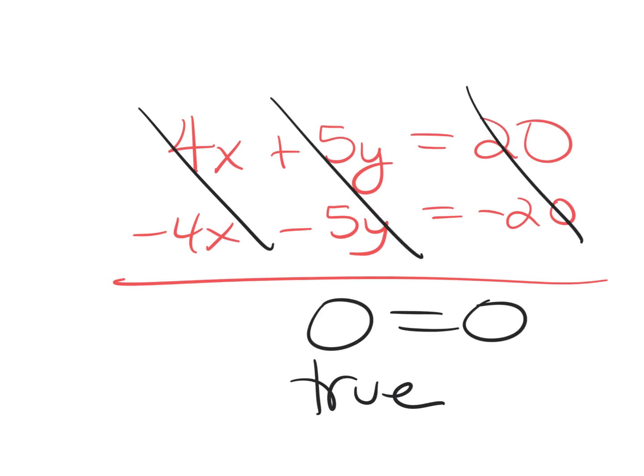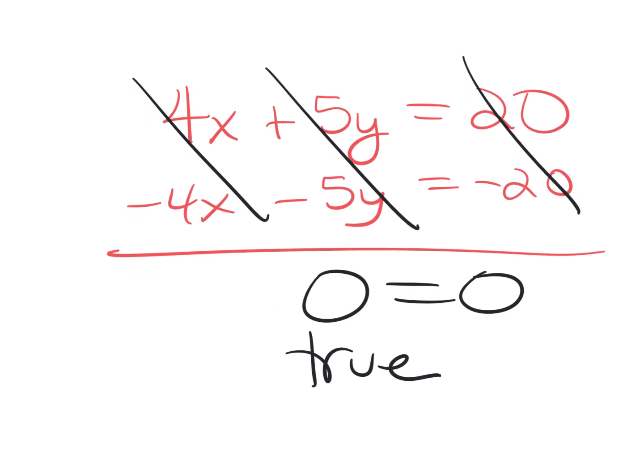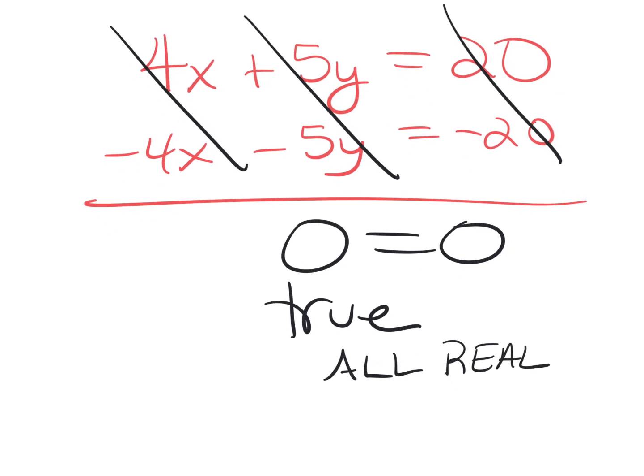This is true. So this would be all real numbers, or infinitely many. So when the variables cancel out and you're left with a true statement, then it's all real numbers. So be able to recognize these scenarios.